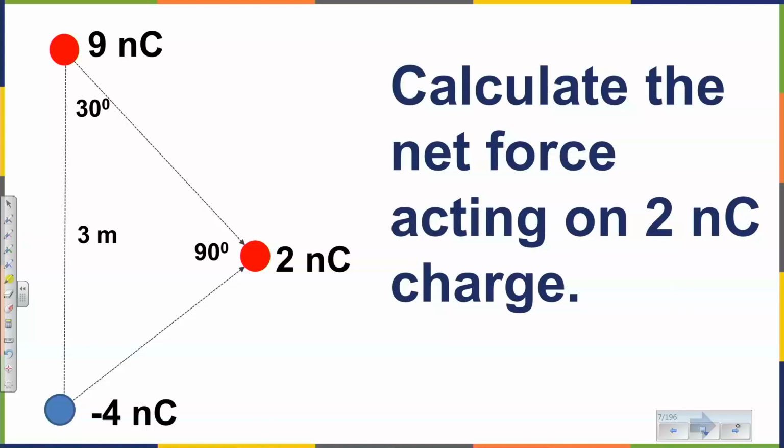Nano means 10 to the negative 9th, so here we assume nothing else is acting except charges. So technically, when it says calculate the net force, it meant calculate the net electric force due to two other charges acting on the third one.